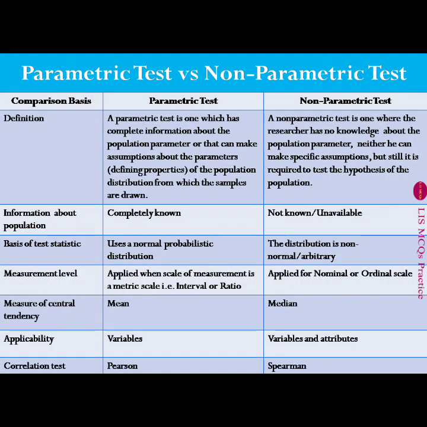Once you have those questions answered, you will now be able to determine if you use a parametric test or non-parametric test. Please refer to the table provided for a definition and understanding of each test.